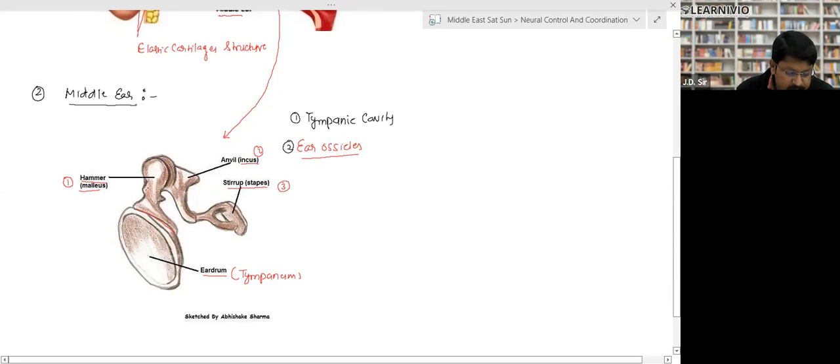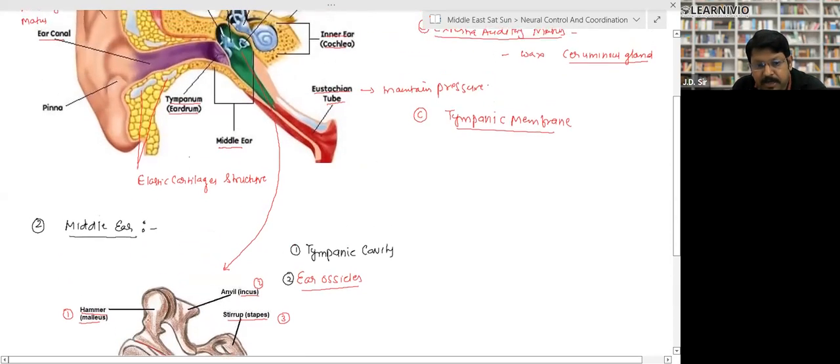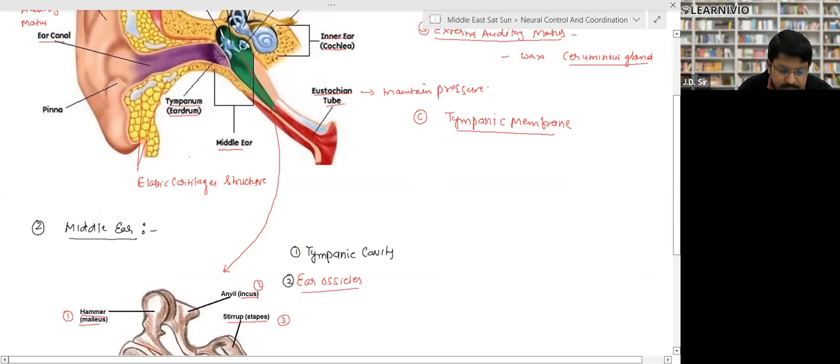Second, the ear ossicles. Tympanic cavity, this green part, remains filled with air.